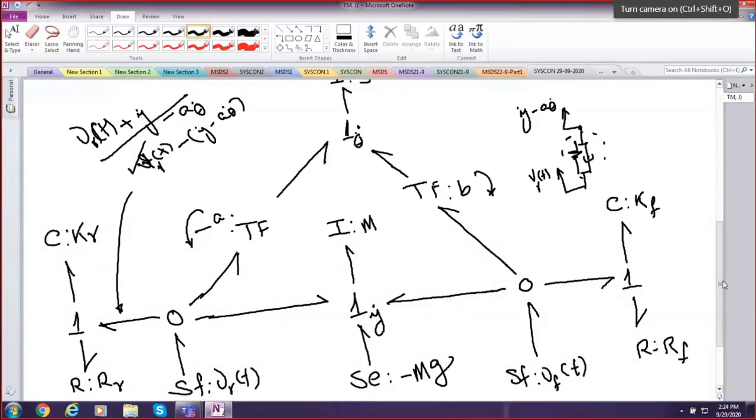So I will now write down the equations for this. To do that, we will put normal bond numbers first. Keep some bond numbers, whatever you like: 1, 2, 4, eight.